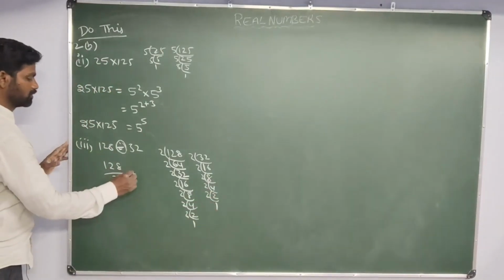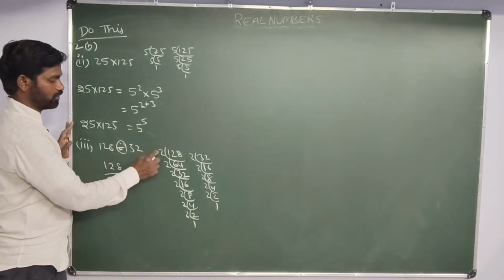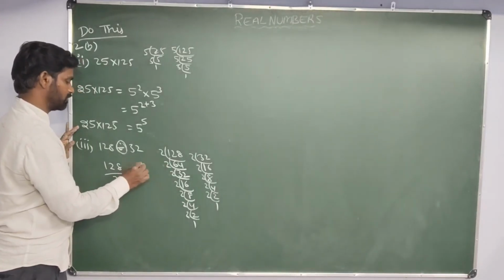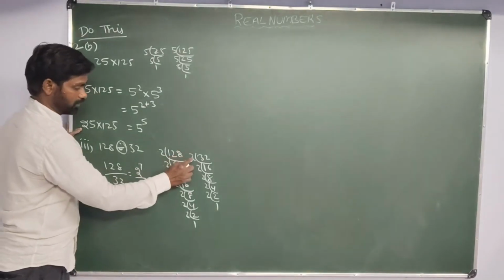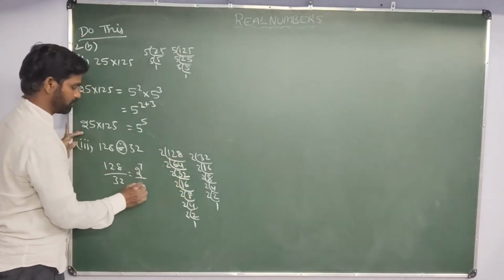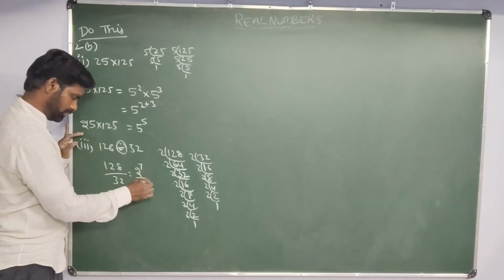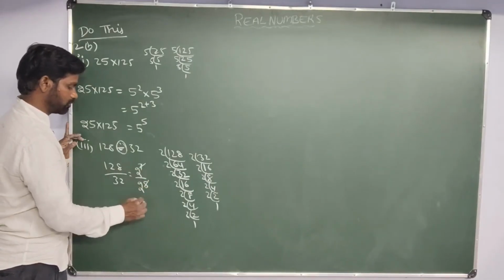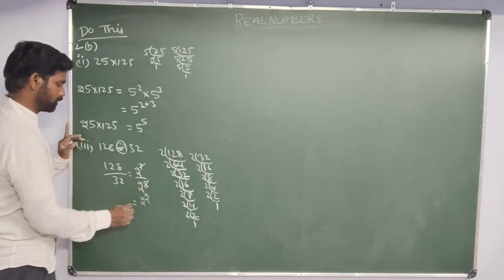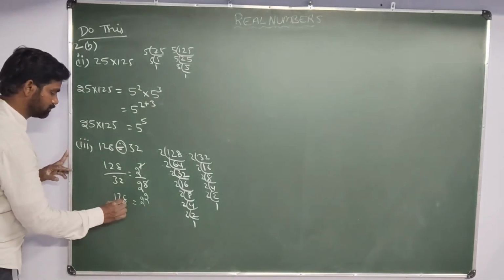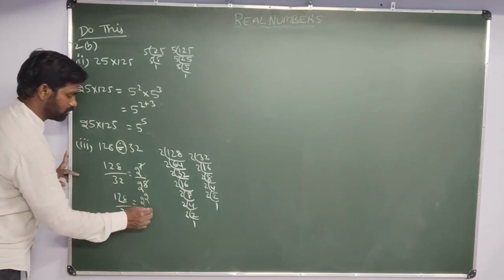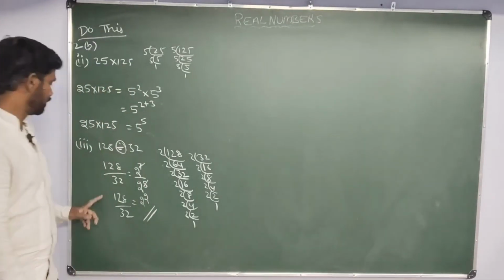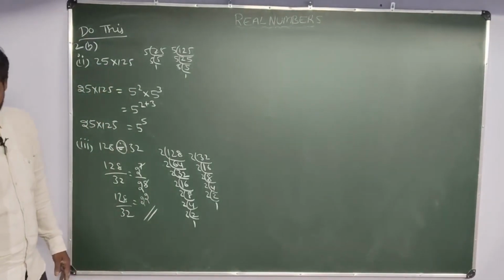So that is equal to 128: 1, 2, 3, 4, 5, 6, 7. So it is 2 power 7 by 32: 1, 2, 3, 4, 5, 2 power 5. So here 2 power 5 and here 2 power 5, we can cancel. So what remains here? 2 power 2. That is 128 by 32 is equal to 2 power 2. So that is the simplest exponential form of 128 divided by 32.